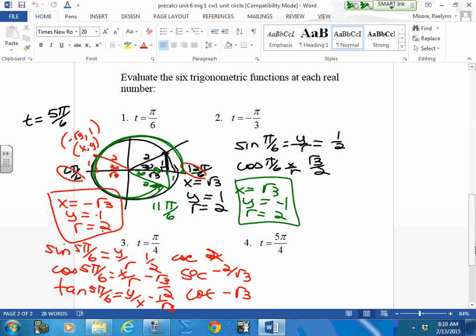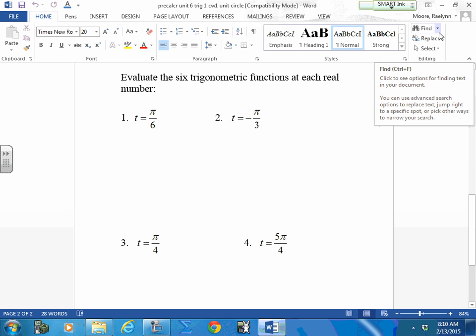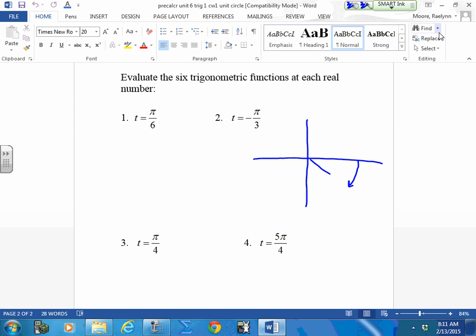Okay. All right, let's take a look at this guy here. Where do I find negative pi over 3? Where did the negatives go? The opposite, right? Instead of going counterclockwise, they go clockwise. And so how many times does 3 go into 180? 60. So what is my triangle going to be? 60, 30, 90.